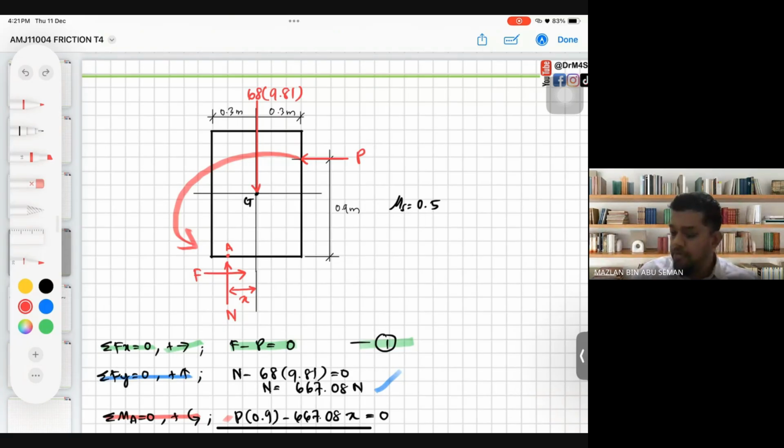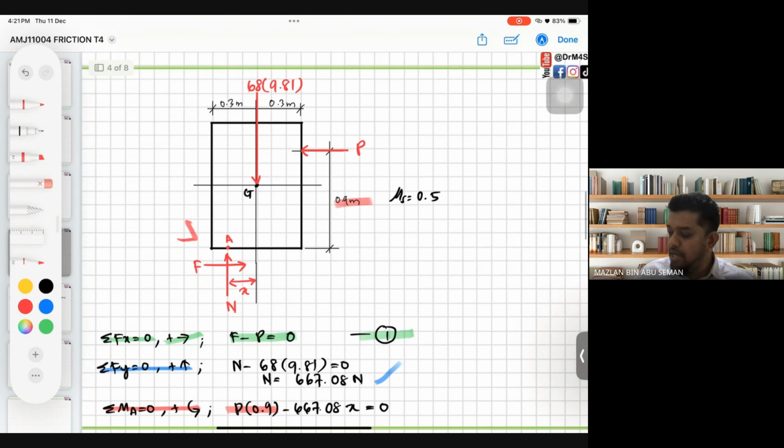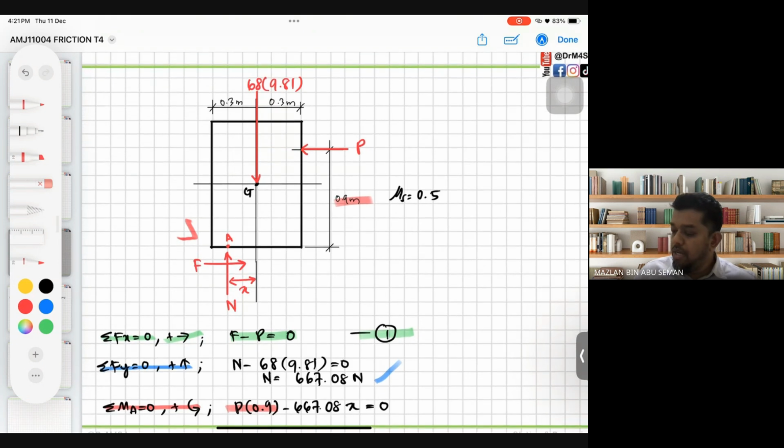Positive P, the perpendicular distance for that is 0.9. Then we have, due to the weight, we have our N. Our N is already calculated. Our N is 667. Oh, sorry, not.